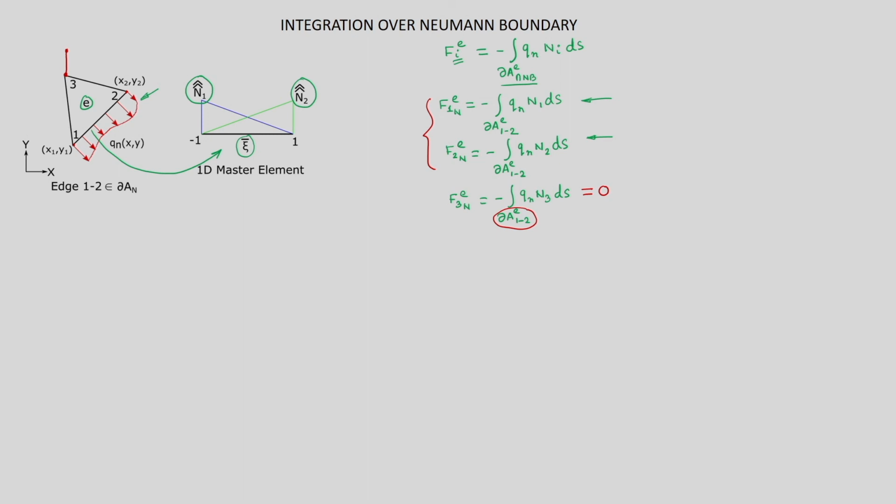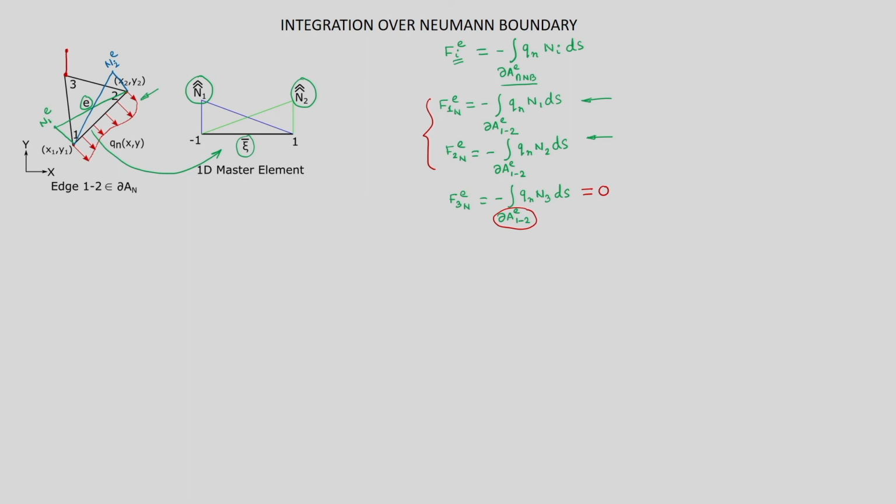One interesting part is, if I look at N1 in E, N1 along the boundary 1 2 varies like this, 1 at node 1 and 0 at node 2, and varies linearly. So, this is N1 in element E, because 1 2 3 are local numbers. Similarly, if we draw N2, N2 is 1 at node 2, varying linearly along the side starting from 0 at node 1. So, this is N2E.